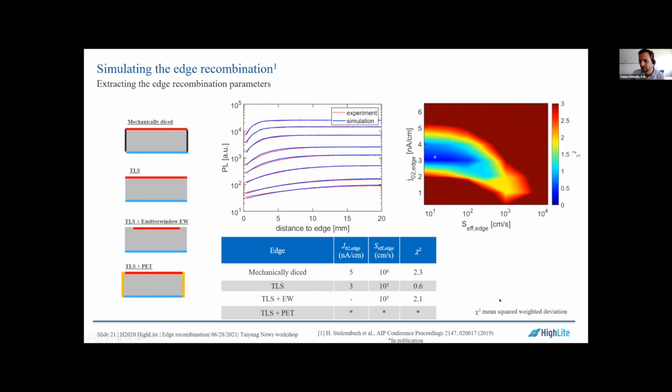We are basically minimizing the mean square weighted deviation. So where it's minimizing, we're getting a doublet of the J02 edge and the S effective.